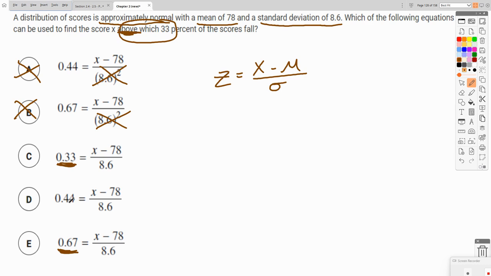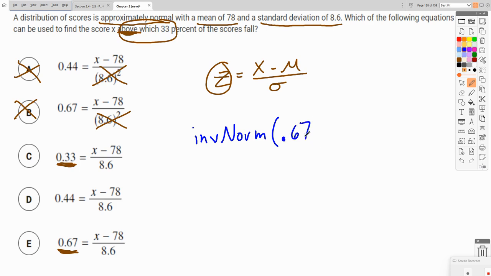But the trick to this is we need a z-score, and saying we are 33% above or 67% below is not a z-score. So how do we get a z-score out of that? We would need to use inverse norm. If 33% is above, then 67% is below.